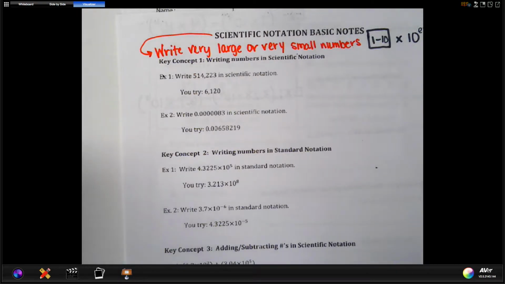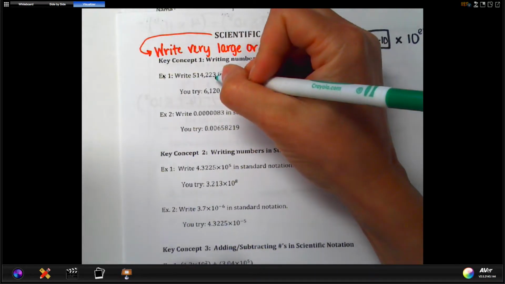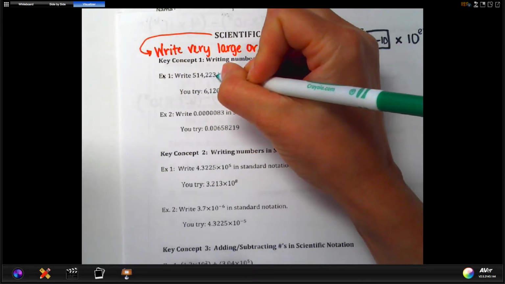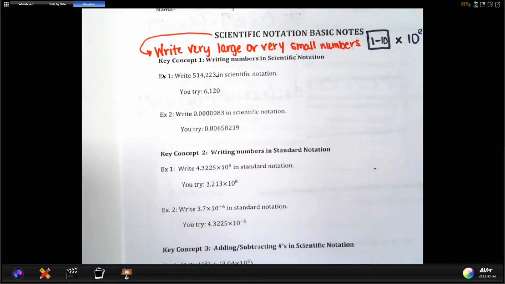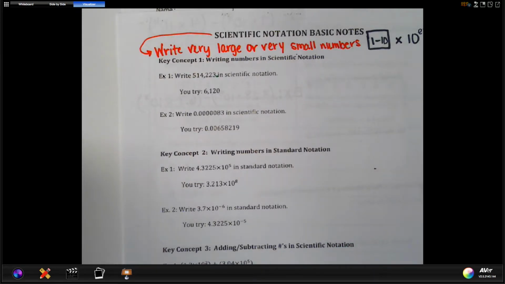Okay, so let's say you have example 1, 514,223, and you're asked to write it in scientific notation. First, you have to note that there is a decimal in every number, and if it doesn't appear, it's at the end, so we're going to put that in. And to write in scientific notation, that first number really has to be between 1 and 10, so we're going to move that decimal to get that between 1 and 10.